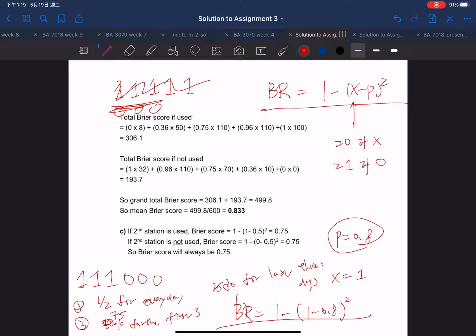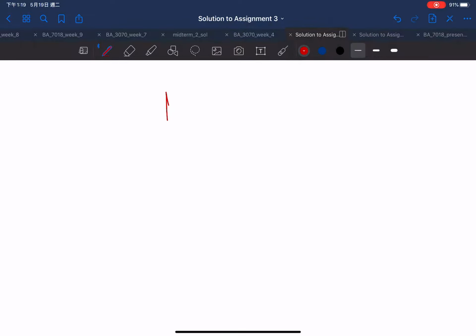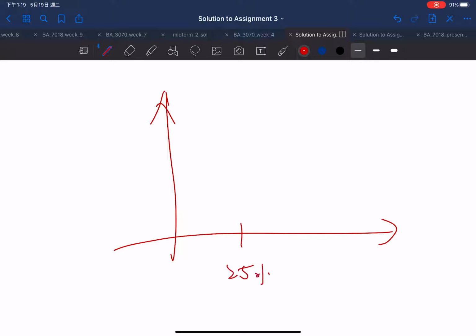Because in the second one, I will draw a calibration graph like this. Prediction is either 25% or 75%. And when it is 25%, the actual probability is 0. When the prediction is 75%, the actual probability that happened is 1.